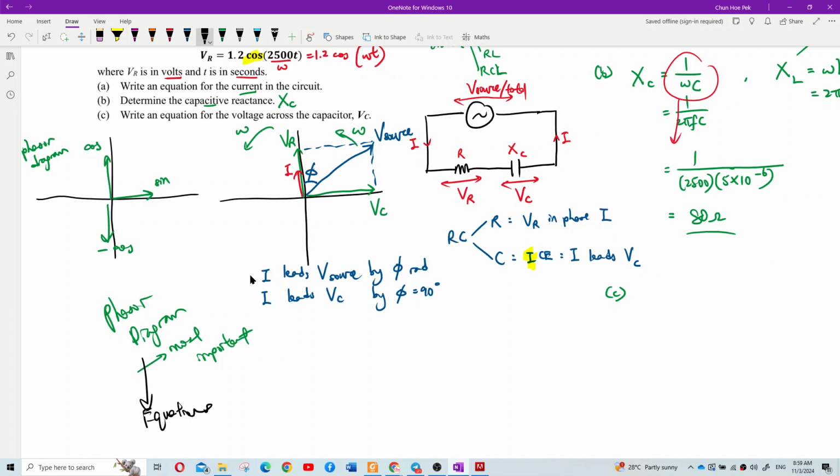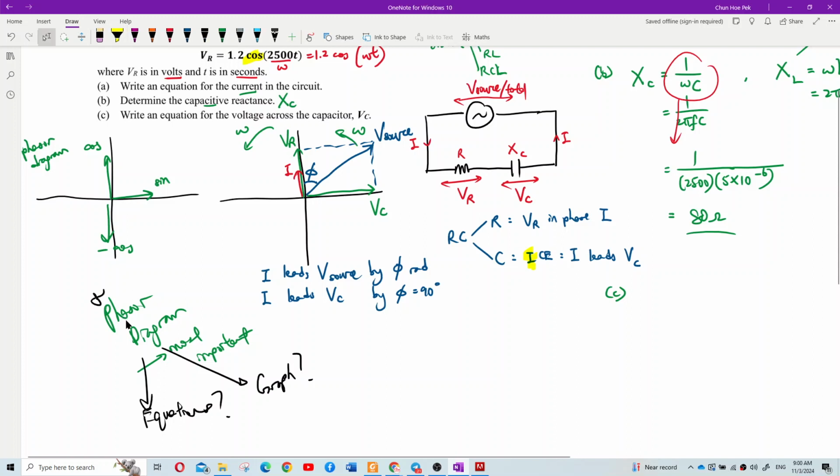You can get all the graphs: sine graph, cos graph, negative cos graph. So always start with phasor diagram first, then from there you can get equations and graph.